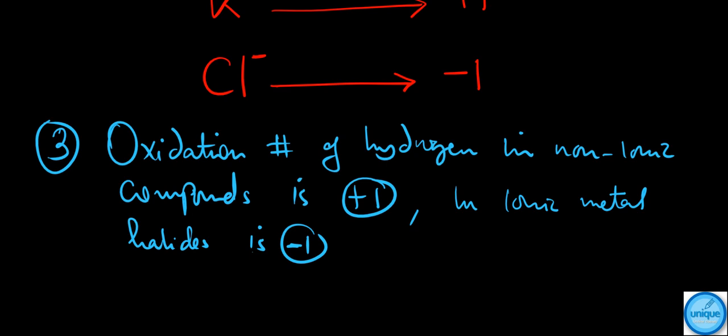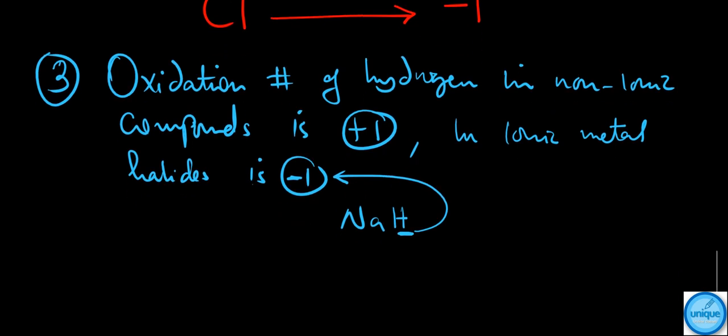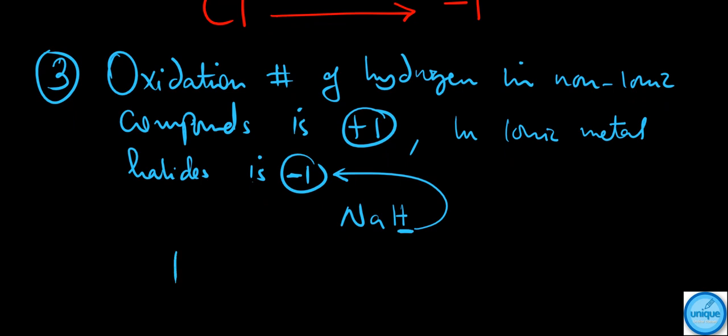For instance, metal halides like sodium hydride, the oxidation number is -1, whereas in non-ionic, let's say water, the oxidation number of hydrogen is +1. That's what it means.